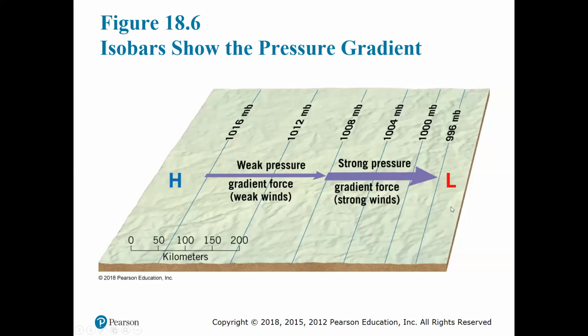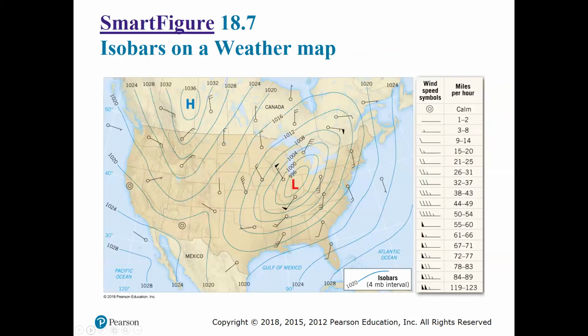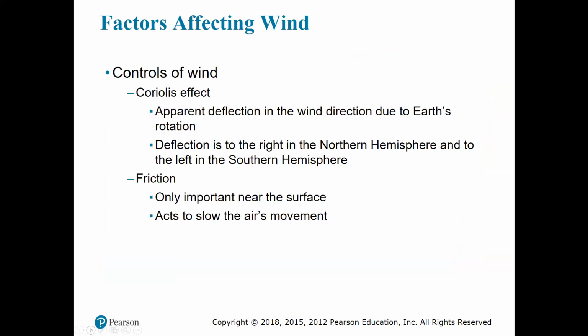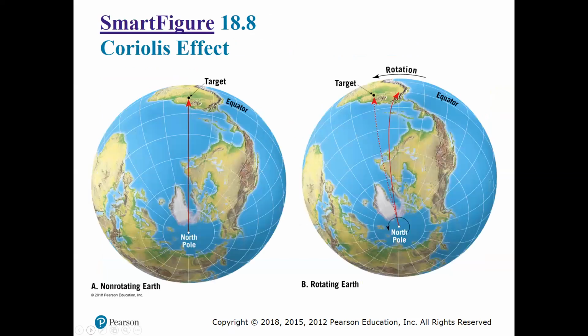So as you saw there in those smart figure videos, we can have a weak pressure gradient force with weak winds, or we can have a strong pressure gradient force with strong winds. And again, the goal here is to try to equalize this pressure. We also looked at the Coriolis effect, and we saw how there's a deflection because Earth rotates.